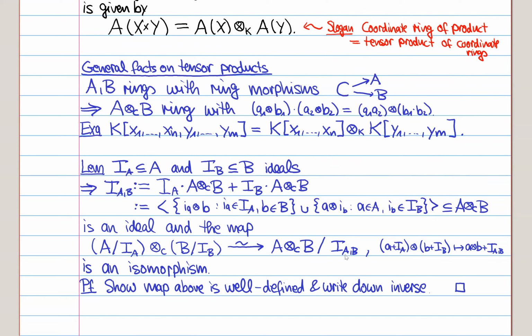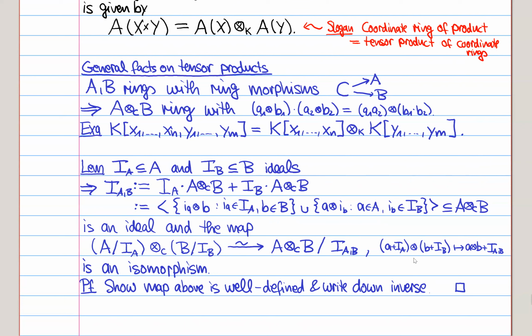And what the lemma does is identify this quotient: taking the tensor product modulo this constructed ideal is the same thing as taking A modulo the ideal I_A tensor B modulo the ideal I_B. The concrete map takes the equivalence class of a and the equivalence class of b and sends it to the equivalence class of a tensor b.